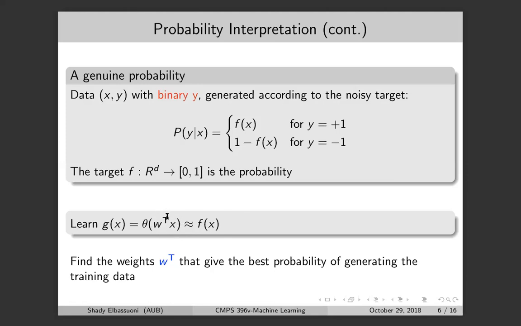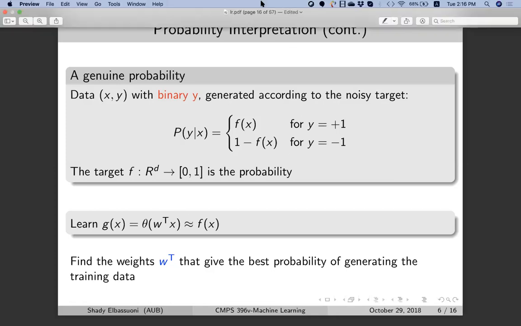So that 1 minus f of X is high, or 1 minus theta of W transpose X is high. So basically I have a training set which has only instances in input space X and the labels +1 or -1. I want to find the weights that maximize the probability of generating the training data. We'll see this in more detail in a bit.